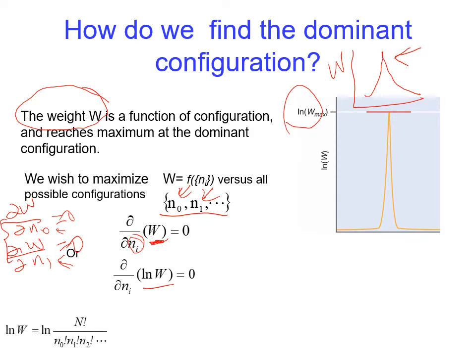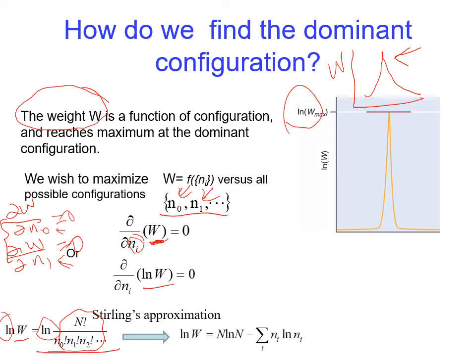Because W is this equation, the factorial of the total number of molecules divided by the product of the factorials of the numbers of molecules at all the different energy levels. So we add the natural log, and there's a Stirling approximation that allows us to simplify this equation.